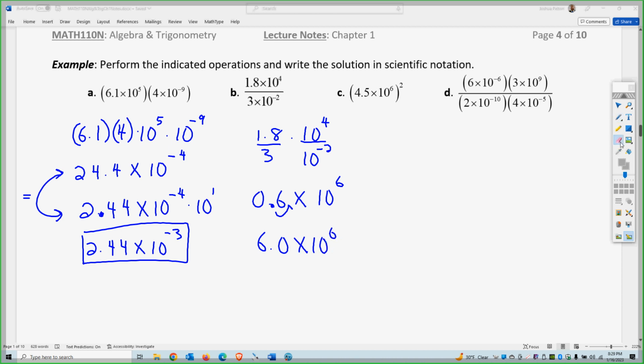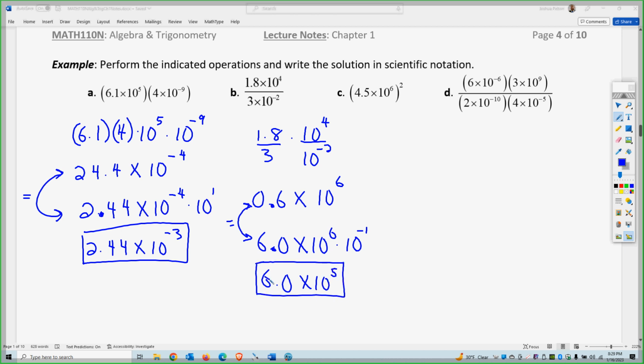But here's the problem. I can't just simply move the decimal. These are no longer equal, right? So the new number is now too big. How do I get it back? Well, I need to multiply it by 10 to the negative 1, which is really dividing by 10. Because if I divide the 6 by 10, I get the 0.6 back. So now these are truly equal. So this is 6.0 times 10 to the 5th.